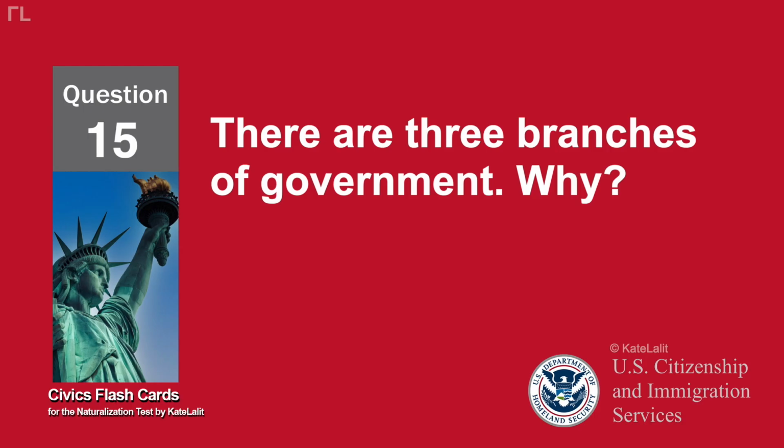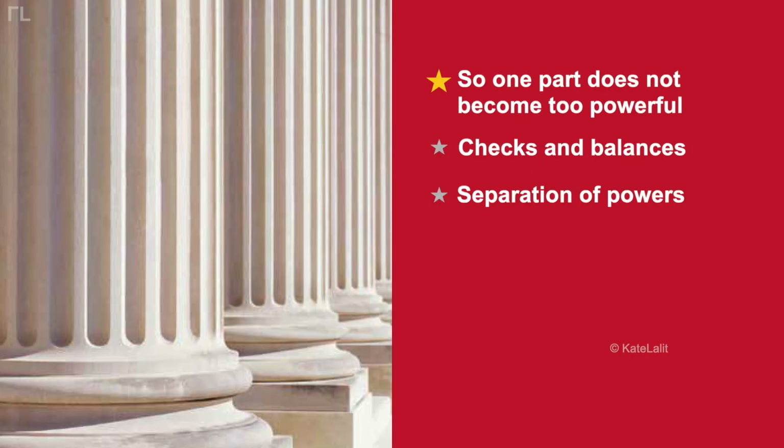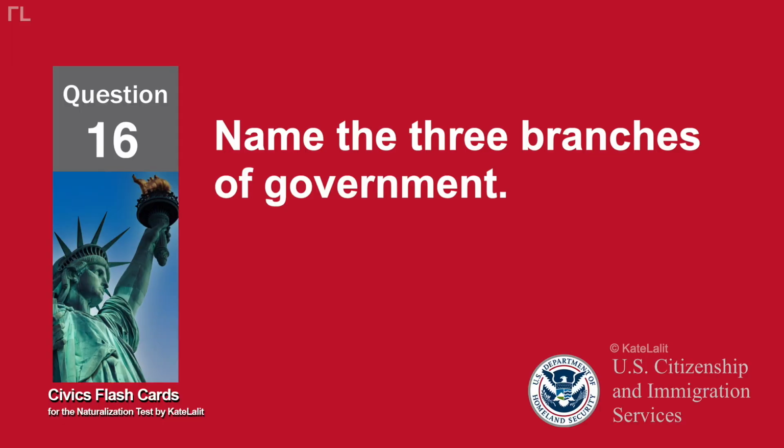There are 3 branches of government. Why? So one part does not become too powerful. Checks and balances. Separation of powers. Name the 3 branches of government.